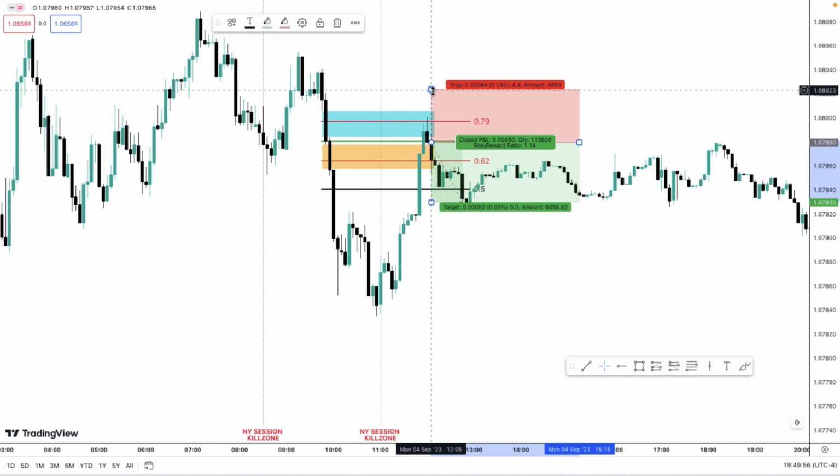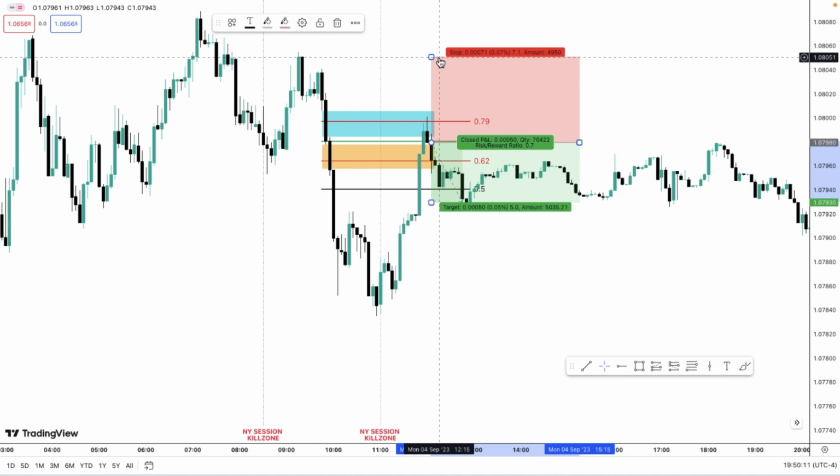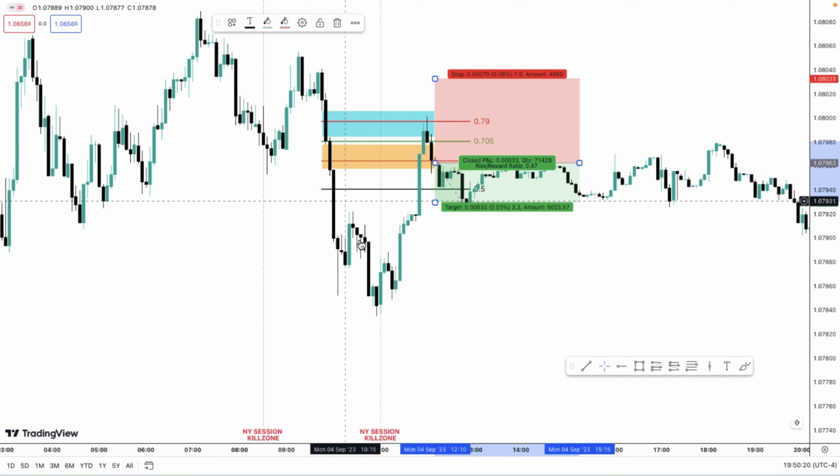So now you see you don't have to put your stop loss above there anymore. Hence I say there's always a way to reduce risk. So you shouldn't really care how big your stop loss is. It's also according to where you enter. Like for example, it doesn't matter where you enter here.